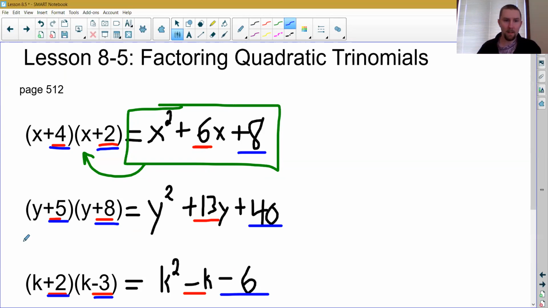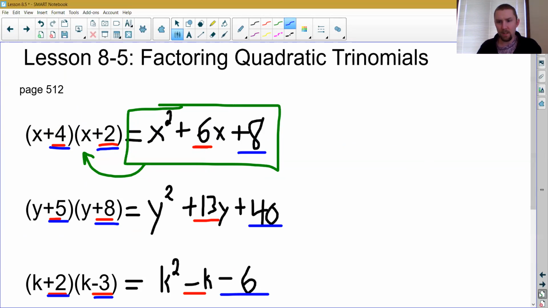When we have a FOIL method or double distributive property that looks like this, x and something, linear guys like that, it's always this number plus this number is the middle, this number times this number is the end. That's how we're going to start doing our factoring, our unmultiplying, our unfoiling of things.